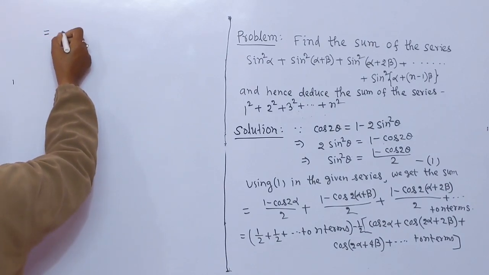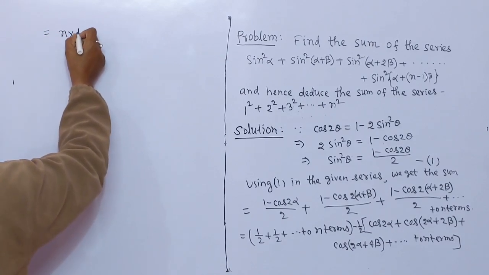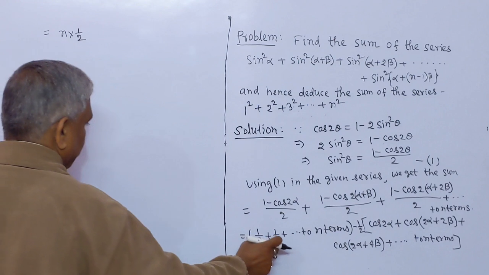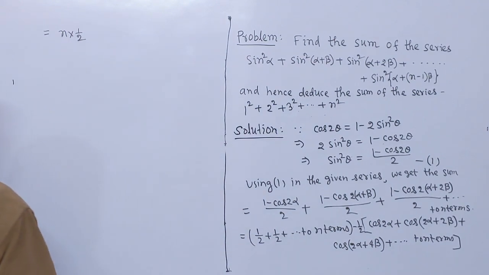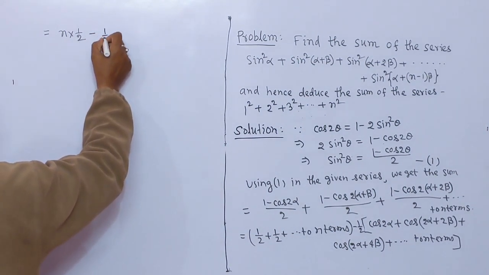This is equal to n multiplied by half, plus half plus half 2 in terms, minus half.